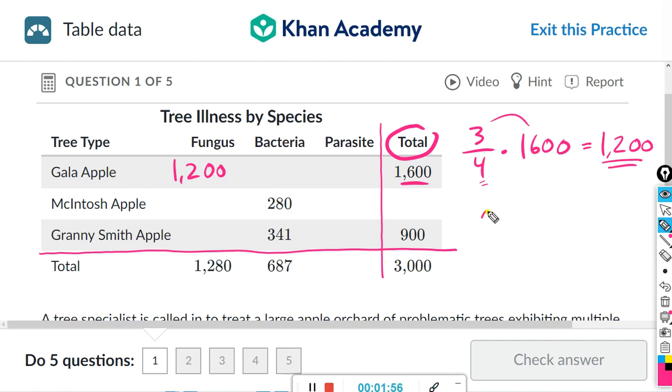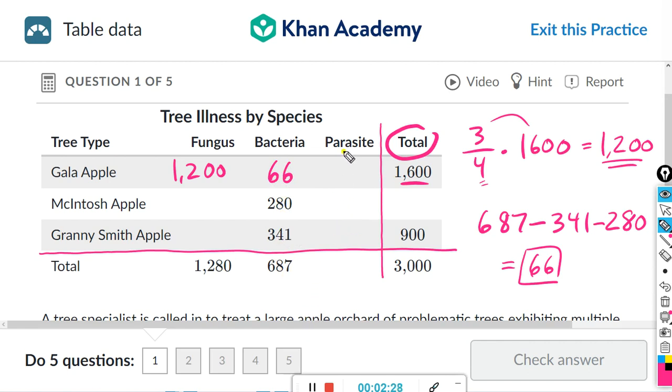So I'm going to do 687 minus 341 minus 280. And I'll do that on the calculator. And I get 66. So right here for bacteria, I'm going to fill in 66. Okay, if you want to double check that, just add these three and make sure they add to 687.